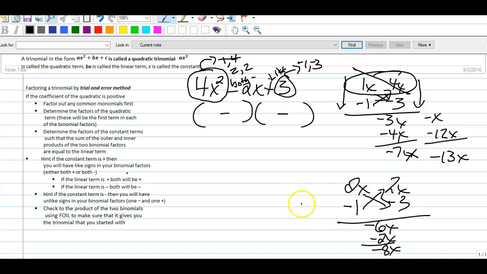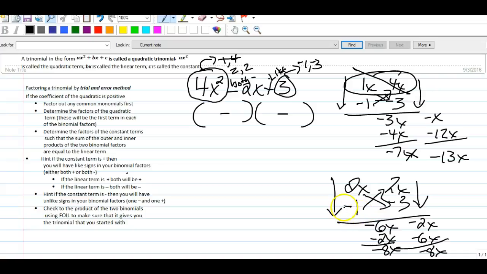So that's not what I'm looking for either. So I need to look at the other possible combination here. 2x times a minus 1 is a minus 2x, and 2x times a minus 3 is a minus 6x, and that gives me a minus 8x. So it's going to be the same as that because these two terms here are the same, so it really doesn't matter.